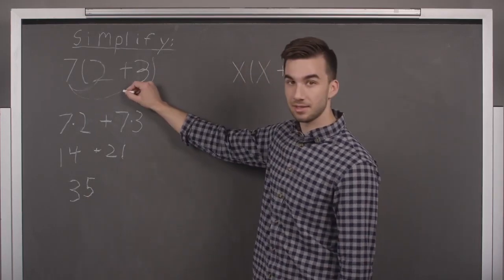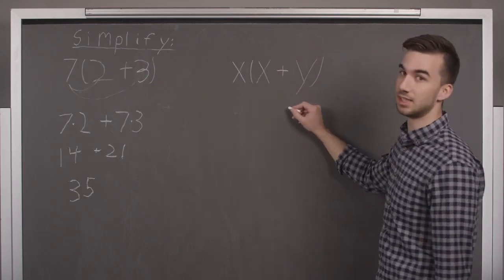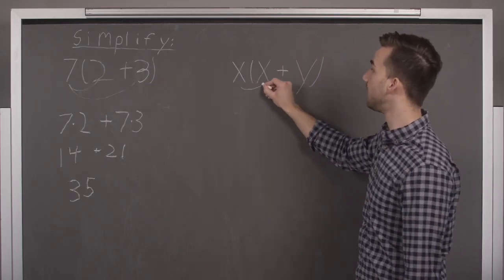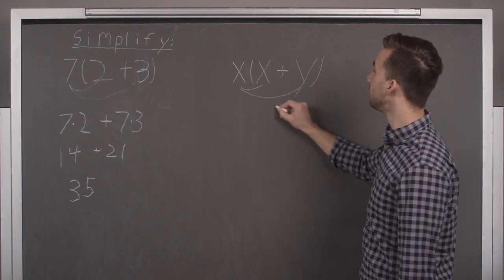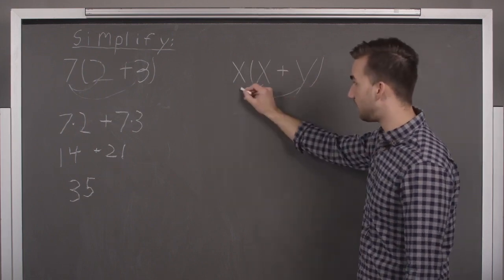So we can do the same thing with a problem like this, where it's x times x plus y. So we just multiply each inside element inside of the parentheses times the outside element.